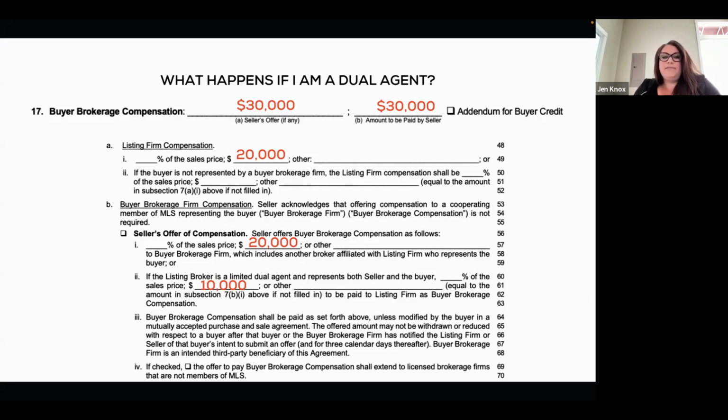So instead of receiving $40,000, you would receive what is in line 49 plus what is in line 61. So if you are a limited dual agent and your client has put a different number in BII than in BI, you need to go down and look at BII for limited dual agent actual compensation.